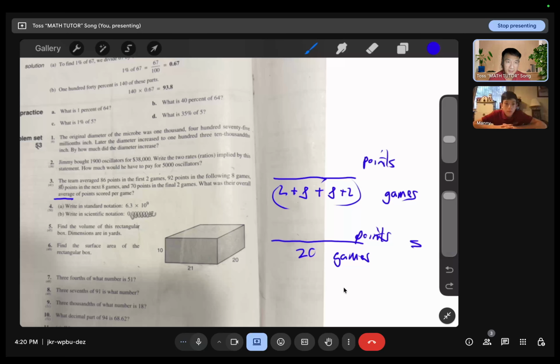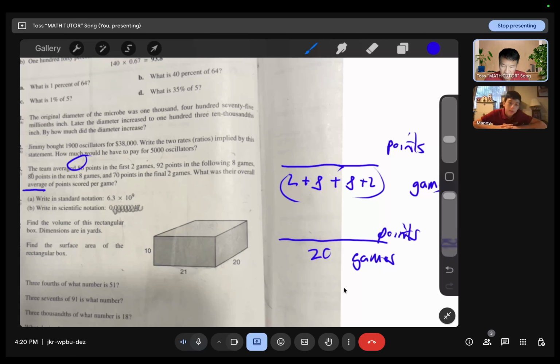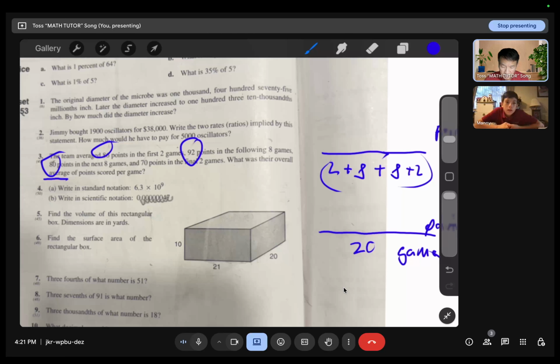How does that work? Because if you count it, there's 1 point right here, that's 80. That's one score. One score, 2 scores, 3 scores, 4 scores. See, that doesn't work. Remember when we average, you have to average the exact number of numbers, like the denominator being 20. You only got 4 scores on top.